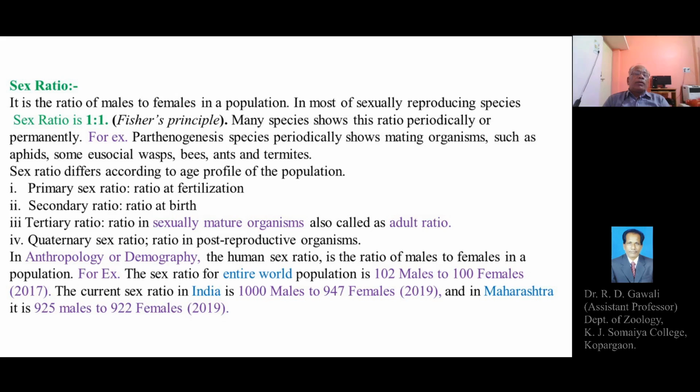The first type is the primary sex ratio, at fertilization.